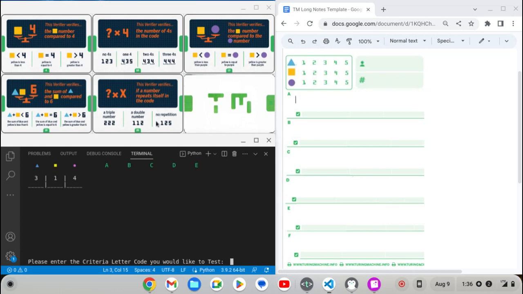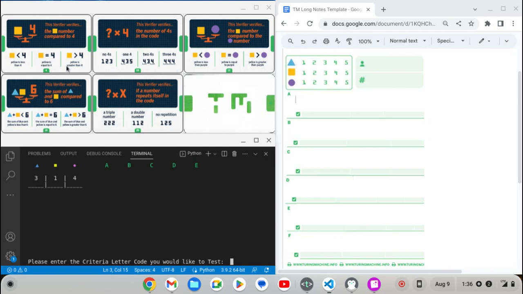Specifically, one scenario is that there are no repetitions, meaning that all digits are unique, as in the example 125. Or it could be a double number, where there is a single digit repeated twice, as in the example 112. Or potentially it could be a triple number, where it's the same digit repeated 3 times, as in the example 222.